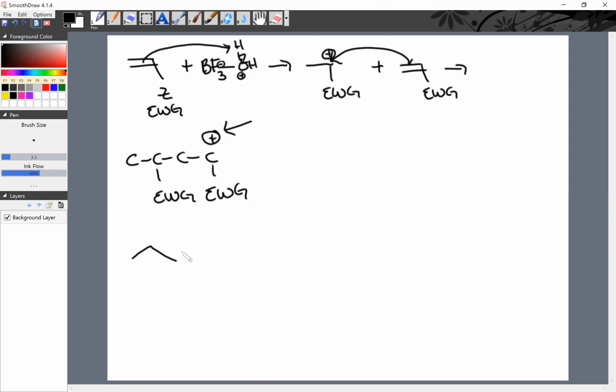We're going to say, okay, we'll just do an ester. All right, well, what would we do with the ester? In this case, take our BF3 complex. Okay, what is the most likely place? Well, we still have a pi bond.